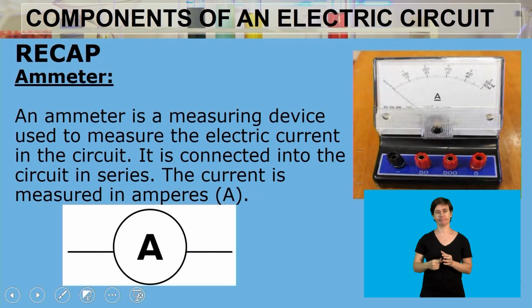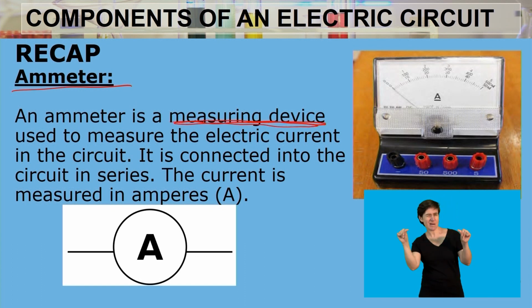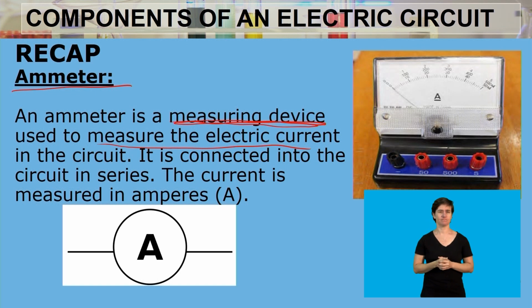Now, what do we then find in a series circuit? We first start by finding an ammeter. An ammeter is a measuring device, so we use an ammeter to measure current. So an ammeter is a measuring device used to measure the electric current. Now this electric current is going to be measured in a circuit, as we know, and it is always connected in series.